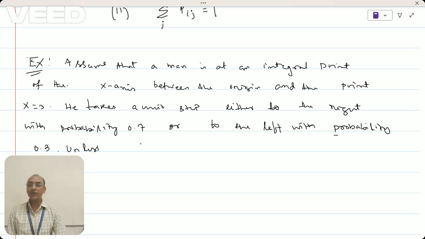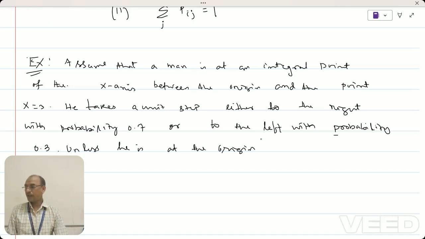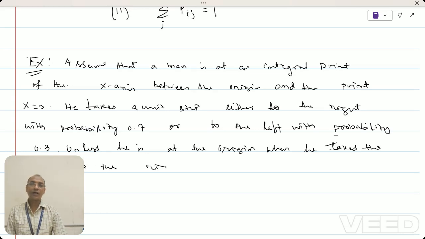unless he is at the origin, when he takes a step to the right. That means when he is at the origin, he will not have the option of moving both left and right.